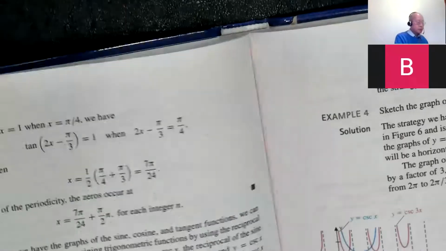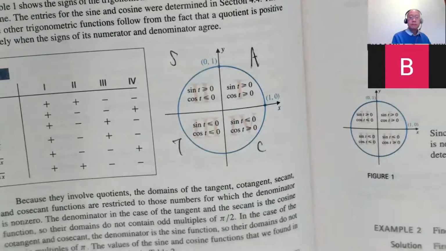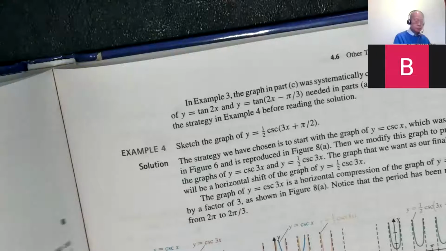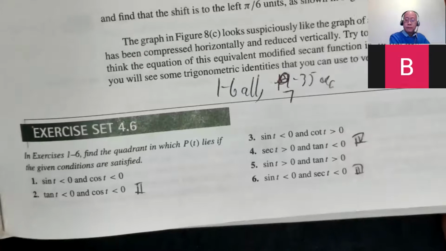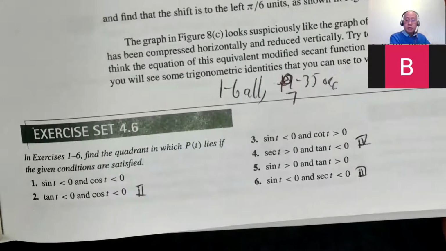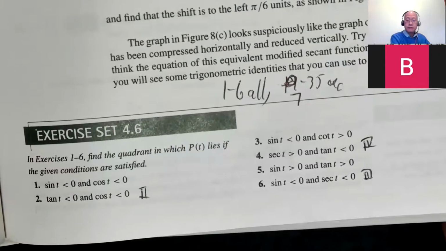Sine and cosine are both negative. That's quadrant 3. So that takes care of 1 through 6. I did the evens, and for 1, 3, and 5, you've got the answers in the back of the book, theoretically.